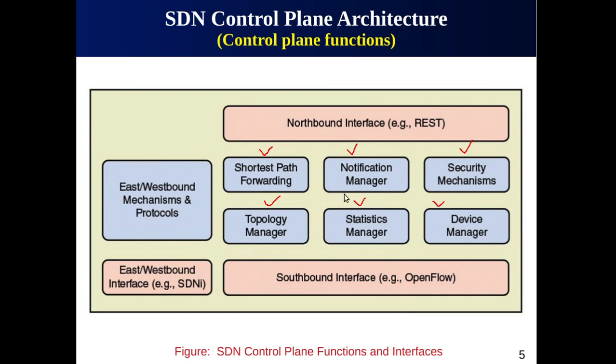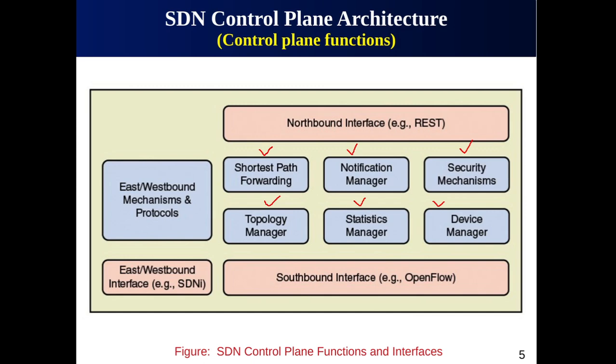Okay, all these functions provided by the SDN controller can be viewed like an operating system. And in the context of SDN, that is known as Network Operating System, or NOS in short.